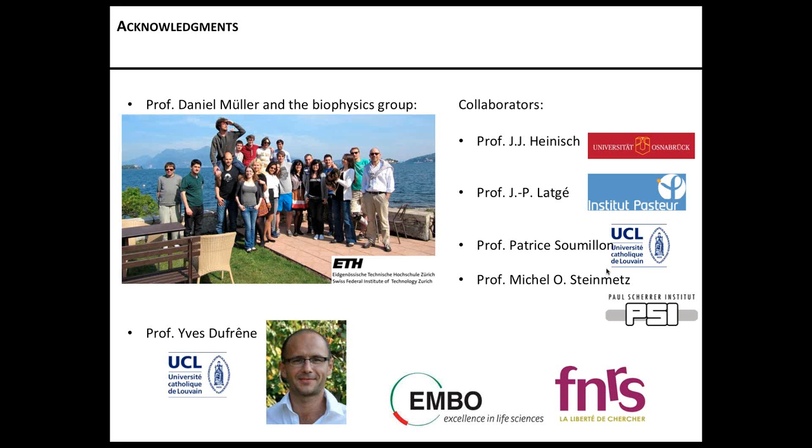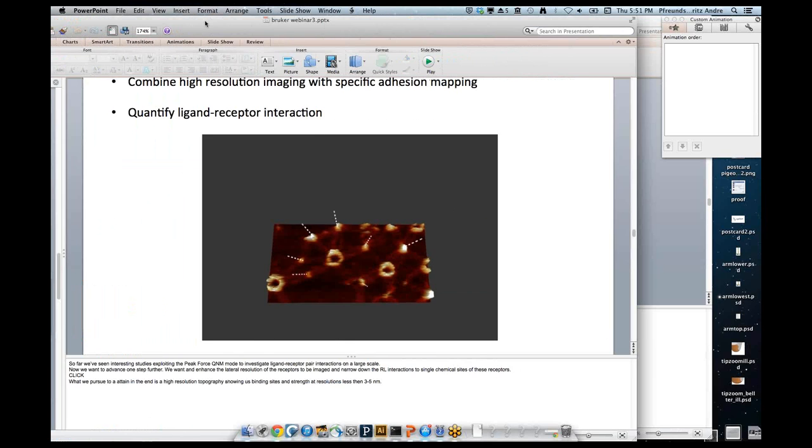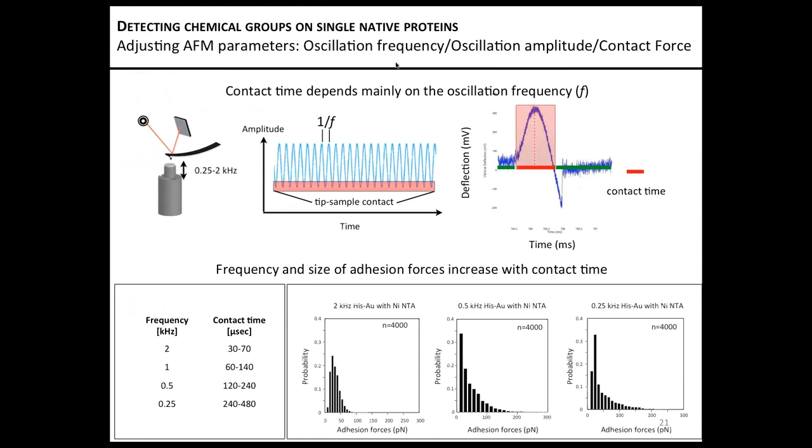Then there is one question referring to Moritz's presentation on page 21, where you're showing the differences in the contact time with the different PeakForce tapping frequencies. You are showing also the range of contact time in microseconds. So what's the reason for this range?